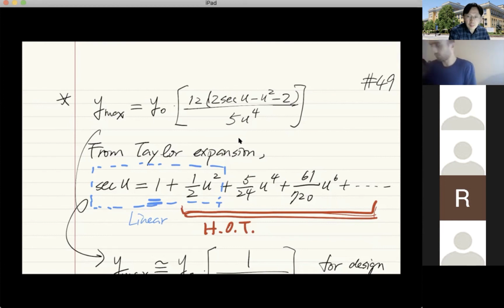When you have combined loadings, and you want to use the result from the notes or from the textbooks, you always keep the linear term the same. That means when you have combined loadings acting on the beam columns, the square bracket will carry a different form, but your linear term will always be the same. So just keep that in mind. And for that, you can use the principle of superposition to find the revised expression for the buckling effect, which is the squared bracket here.